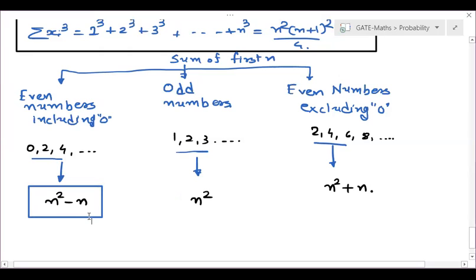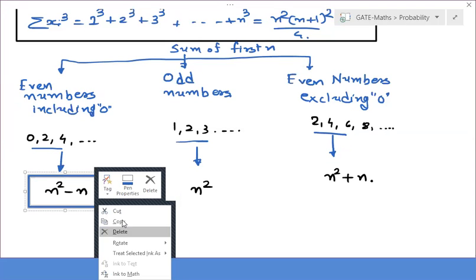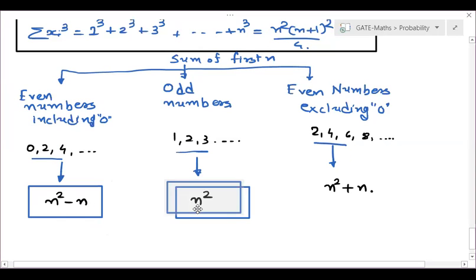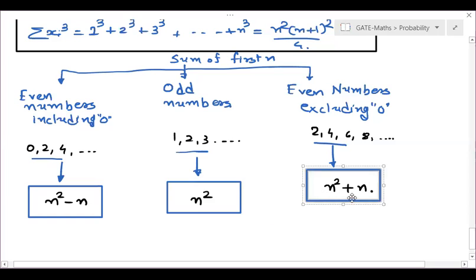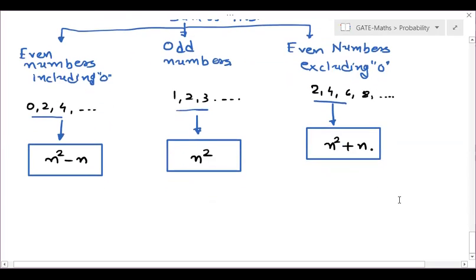Okay. So here, what will be their mean? Here your mean will be n. Here your mean will be n minus 1. Right. I have given you at that time mean. In terms of mean, I have given you, isn't it? Here I am giving you in terms of sum. So sum is n square, n square minus n, and n square plus n. So your mean will be n, n minus 1 and n plus 1 respectively. Are you getting my point?